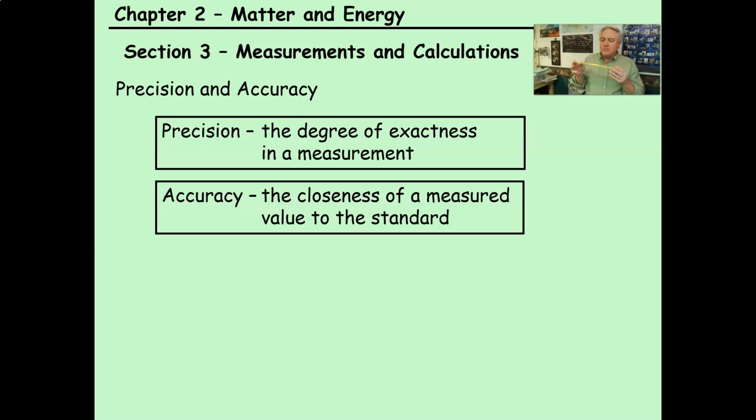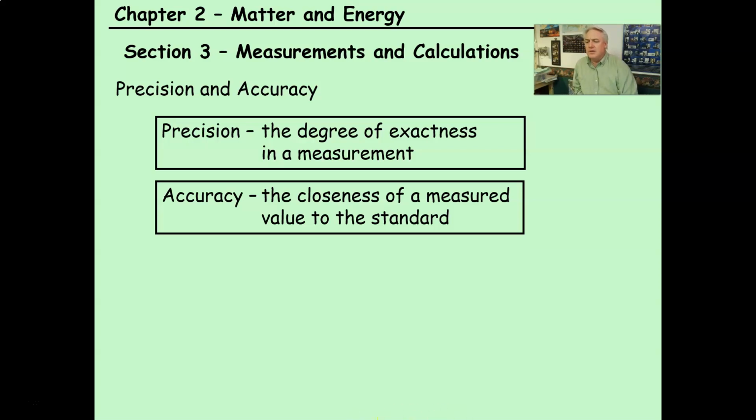So whoever made this ruler or any other measuring device, if it matches up with what we say is 30 centimeters or a degree Celsius or seconds like that, then it's an accurate measuring device. All right, so when it comes to measurements, we have those two things, the precision of it and the accuracy of it. And accuracy would be how close you are to what it really is supposed to be.